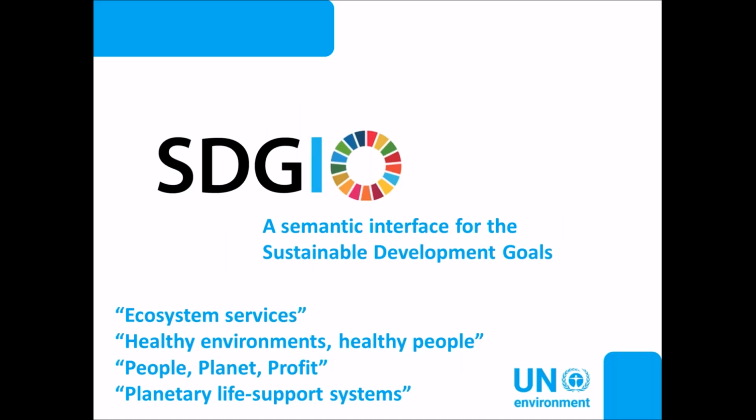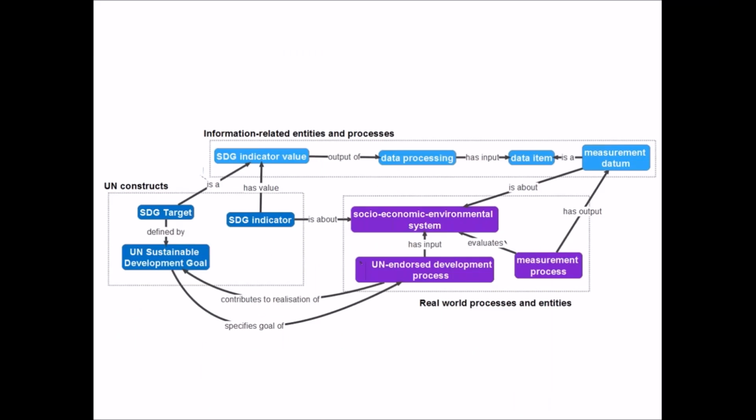So that's where we're going with the Sustainable Development Goals interface ontology. And again, it's a way to connect knowledge from different domains into the themes and the goals themselves and the knowledge surrounding them.